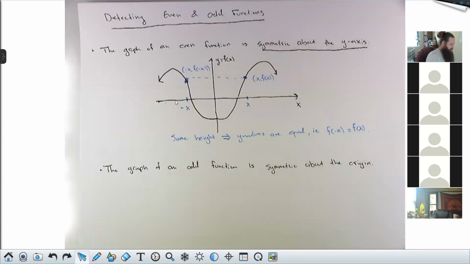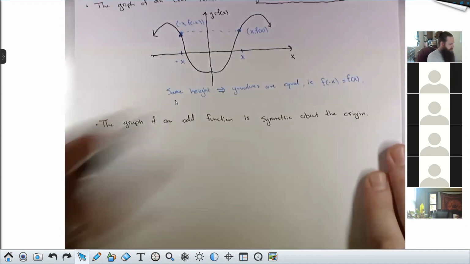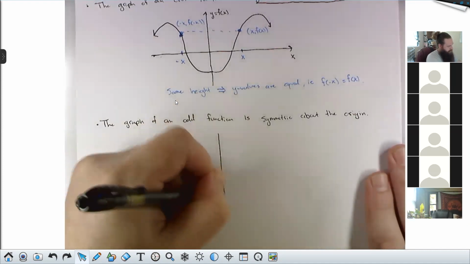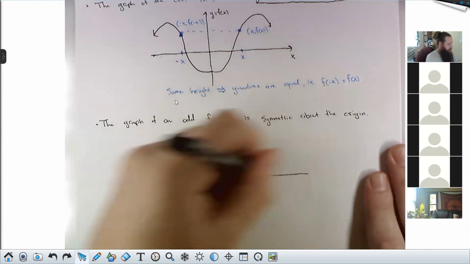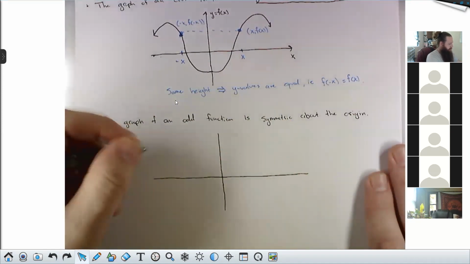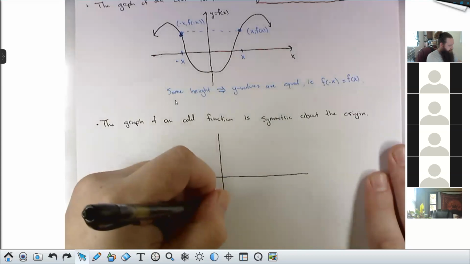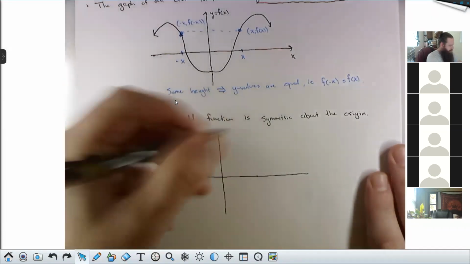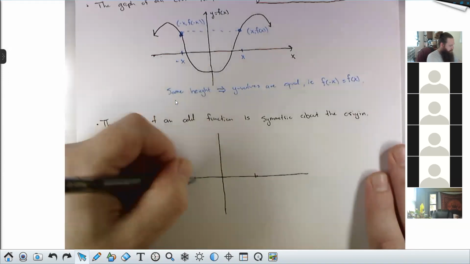What that means is you have a graph. Let me take some nice example of an odd function. Like this.